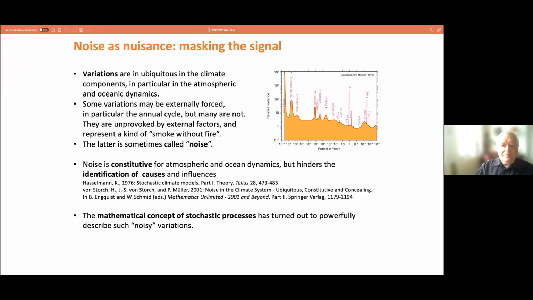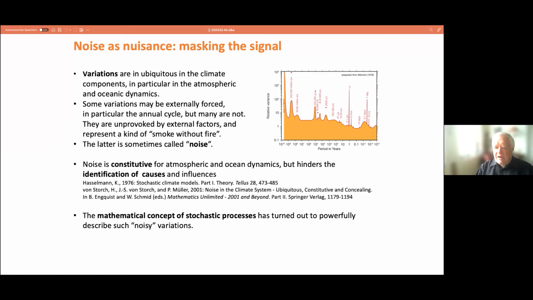Now, issues. Noise is a nuisance, masking the signal. Variations are ubiquitous in the climate components, in particular in the atmospheric and oceanic dynamics. On the right-hand side, I have a diagram which I showed before, from Mitchell 1976. That was from the really early times of modern climate science, showing a few spikes related to deterministic cycles, but otherwise a full spectrum.